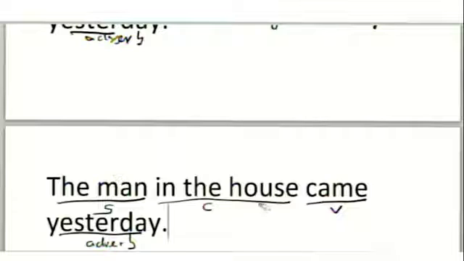Okay. The adjective can be a phrase or an adjective. The verb can be a verb phrase or a verb. For instance, I can say the man in the house is coming, which is a verb phrase. And the adverb can also be an adverb or an adverbial phrase.